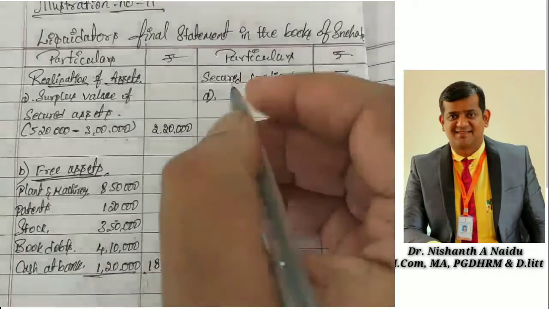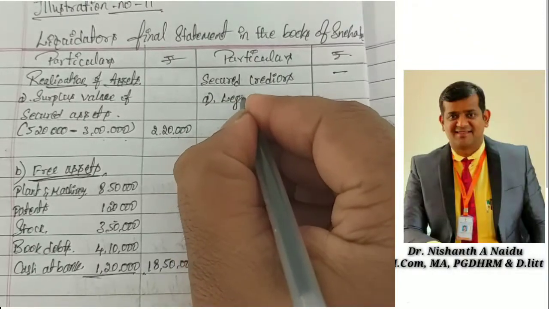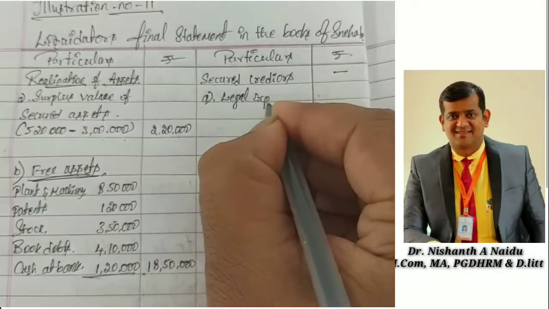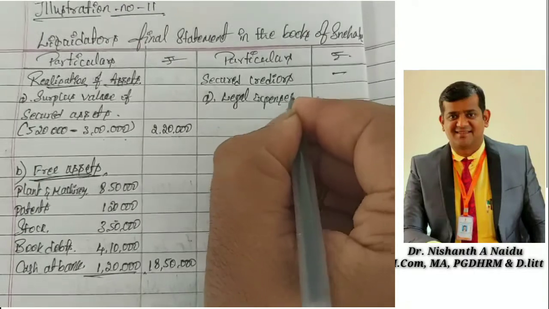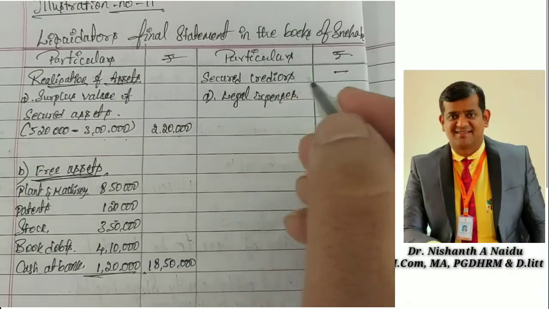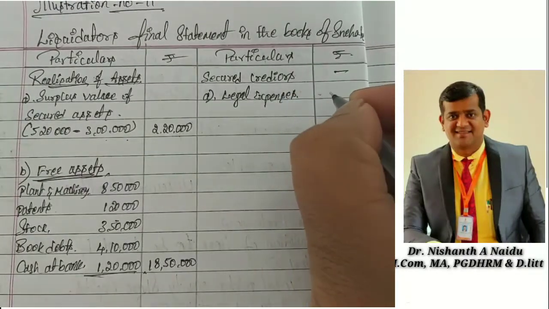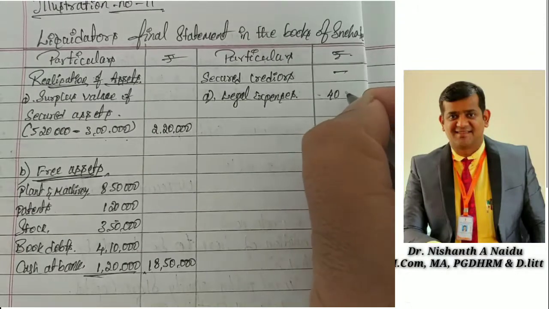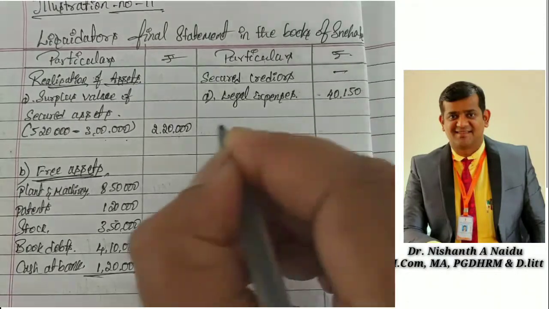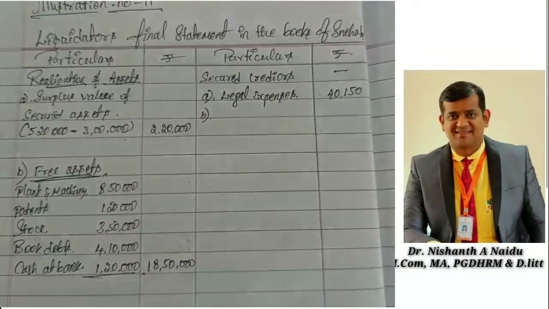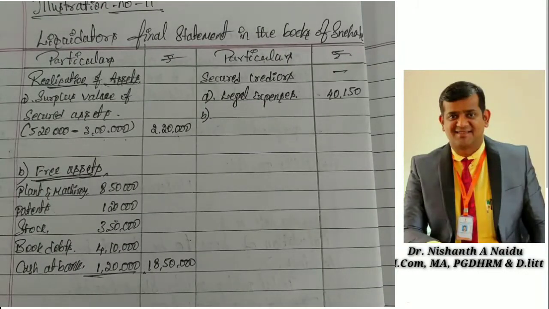So first let us clear legal expenses, which is given first. Legal expenses how much? 40,150. I am giving 40,150.